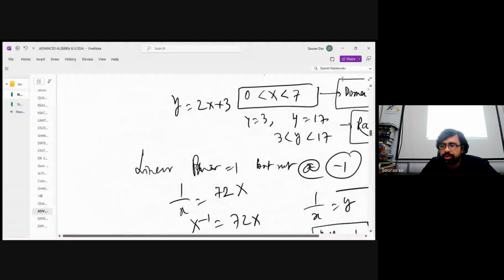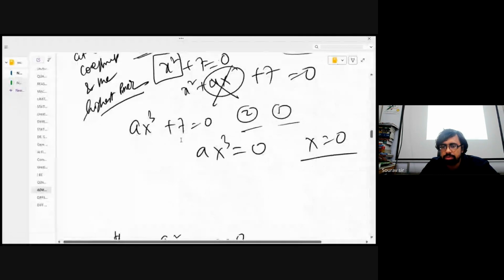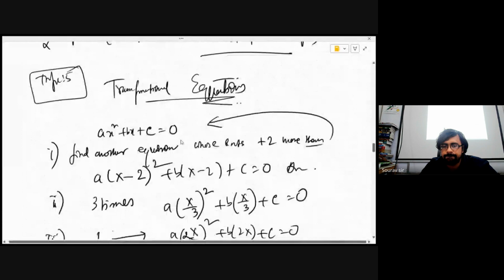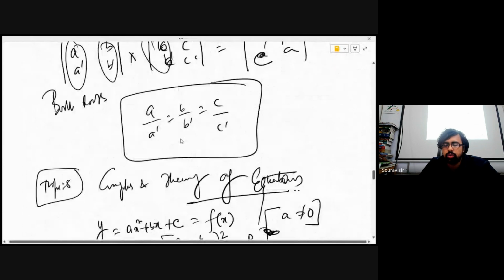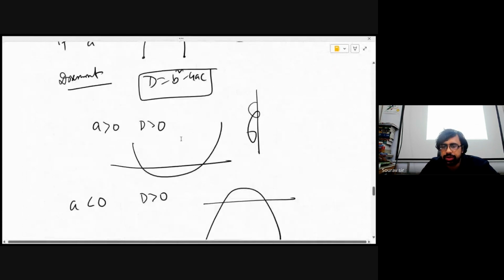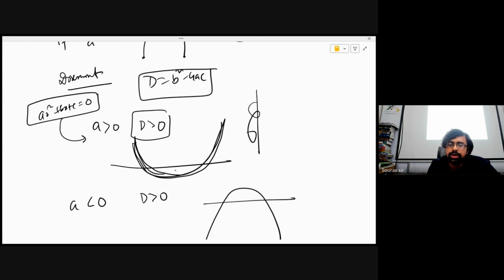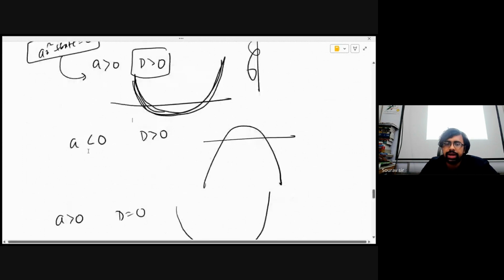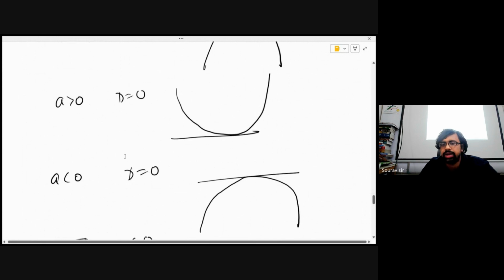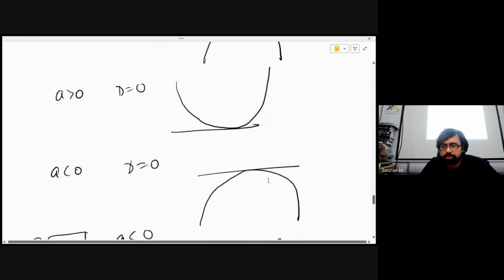Okay, so if this is the scenario of a quadratic system, ध्यान से देखिए. If the discriminant d equal to b square minus 4ac, if it is ax squared plus bx plus c equal to 0, basic maths है. तो इसमें अगर a पॉजिटिव है and the discriminant positive है, then the curve will be like this. Quadratic curve है भाई, इसीलिए ऐसा है, parabola की तरह. a greater than 0, a less than 0. But what is happening at d equal to 0? You see, it is touching, right?